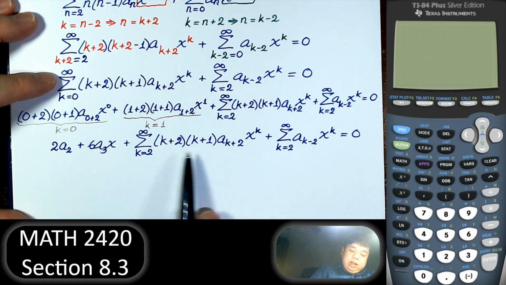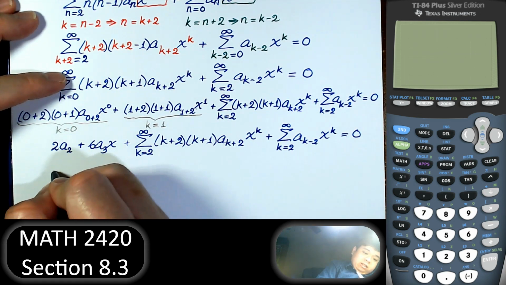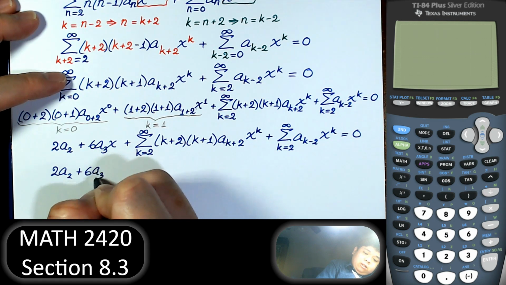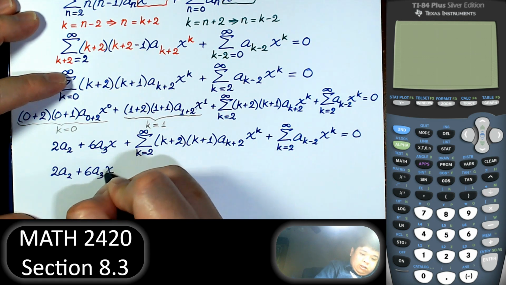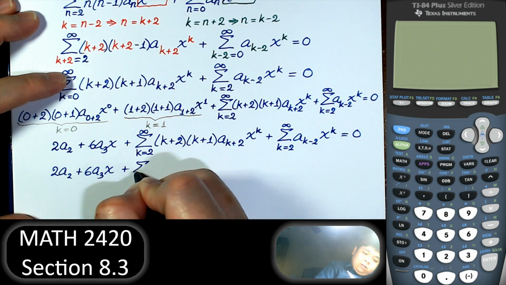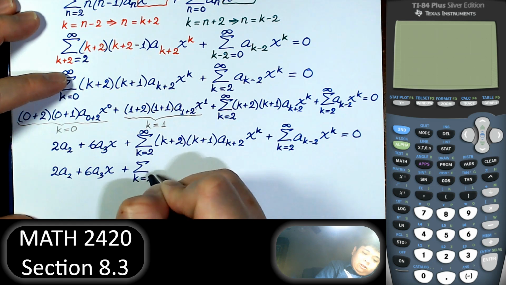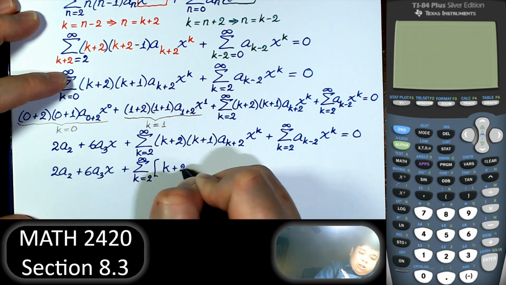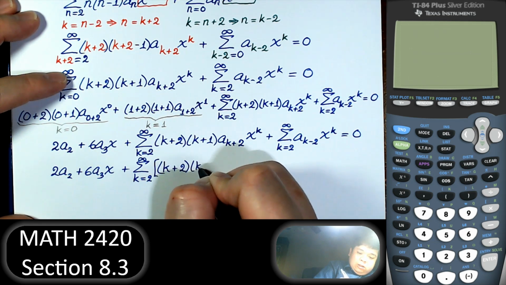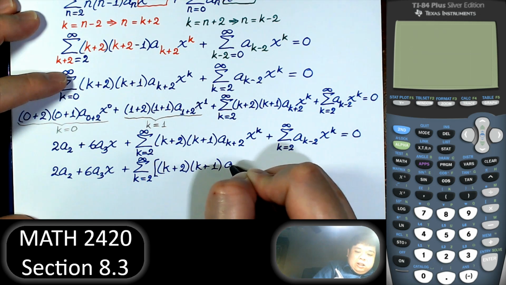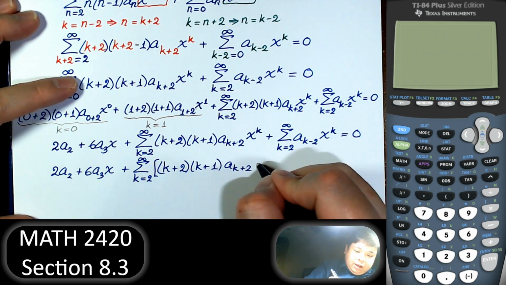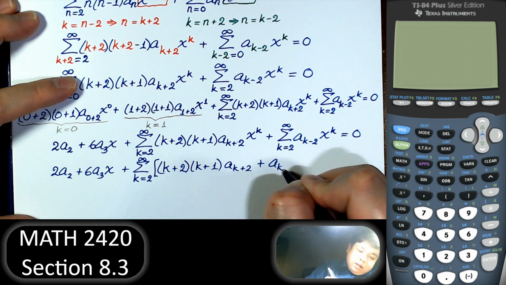Now just factor out x to the k, combine the series. 2a2, 6a3, k plus 2, k plus 1, a sub k plus 2, factor out x to the k, plus a of k minus 2.